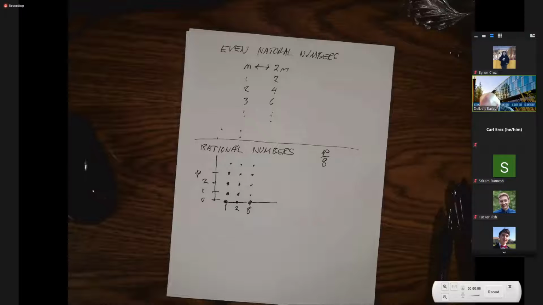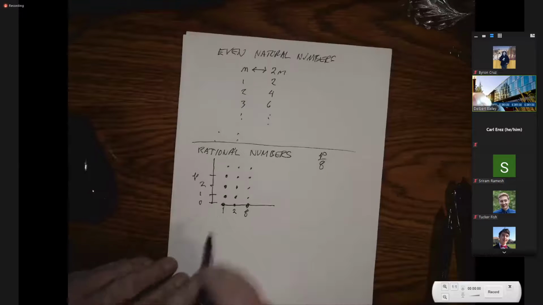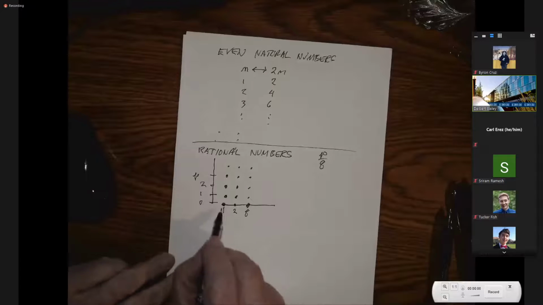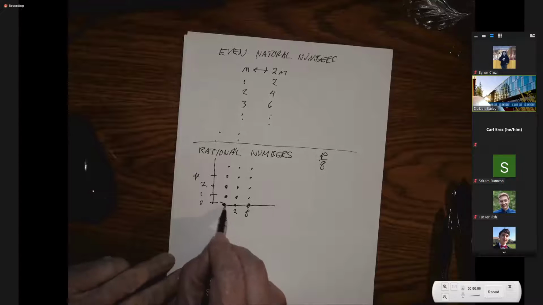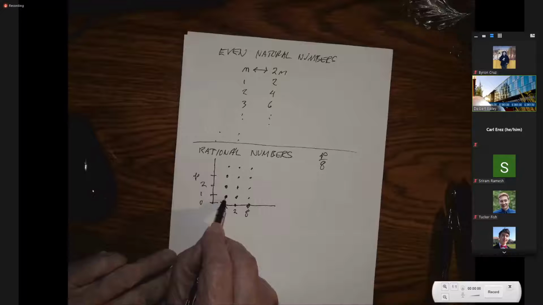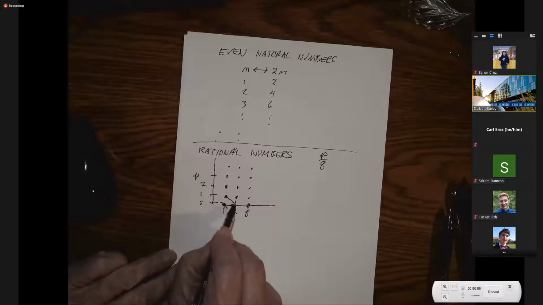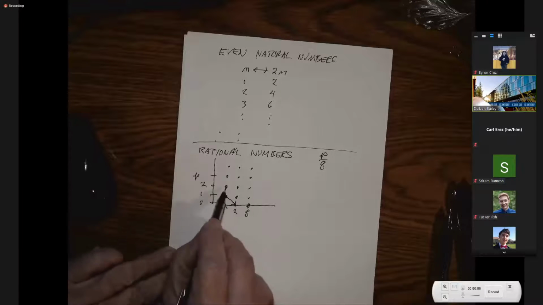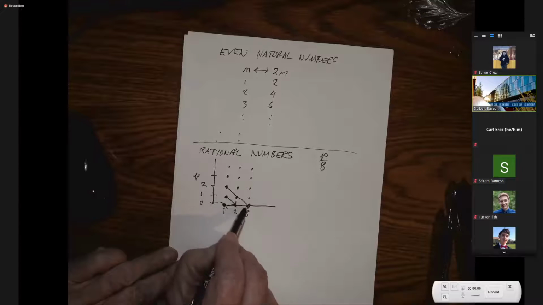Well, I haven't shown a one-to-one correspondence yet, right, with the natural numbers. But if I can put these things into a list, and you know how to generate the list, then I have put it into correspondence with the natural numbers. Okay, and the way I'm going to do the list is, this is going to be the first one in the list. Then we're going to do this one and this one. And then this one and this one and this one.